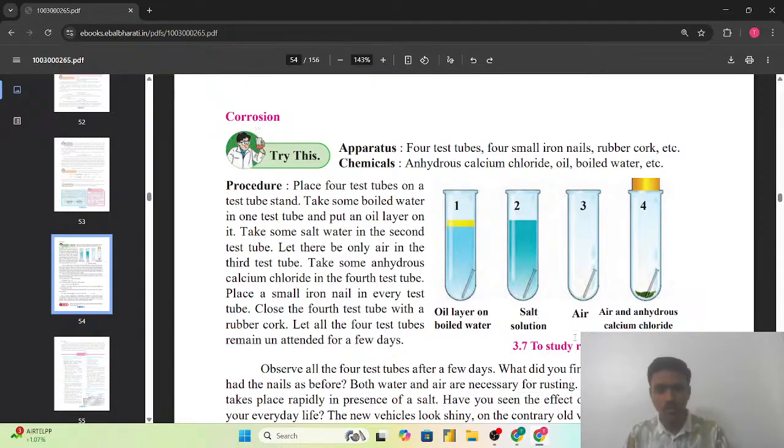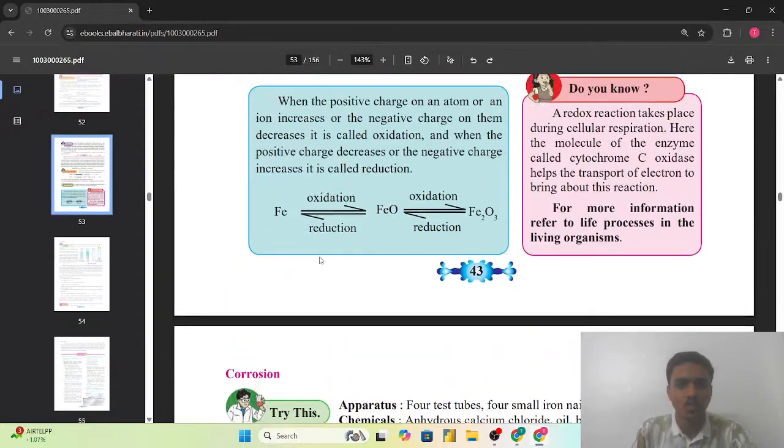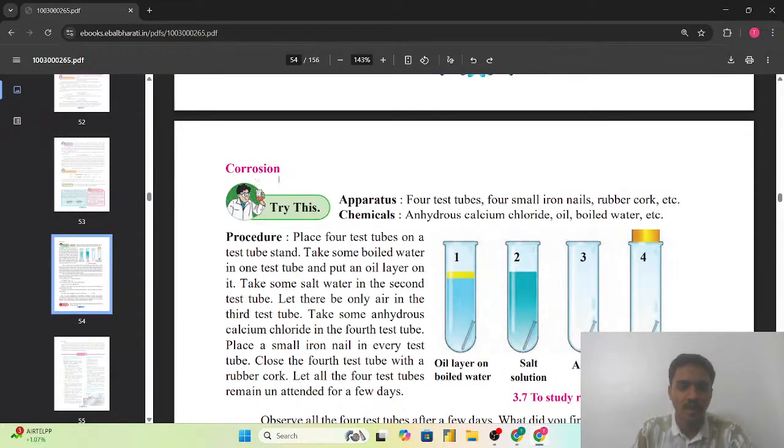तो चलिए शुरू करते हैं। आगे हम देखते हैं। So, now we will be seeing about the most important part.